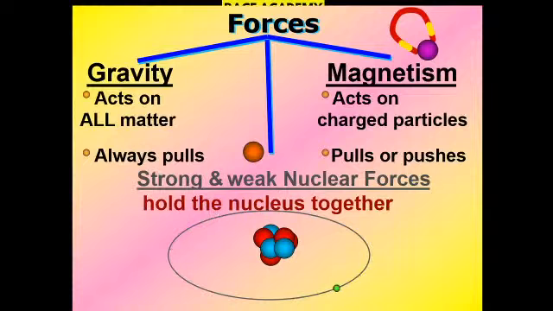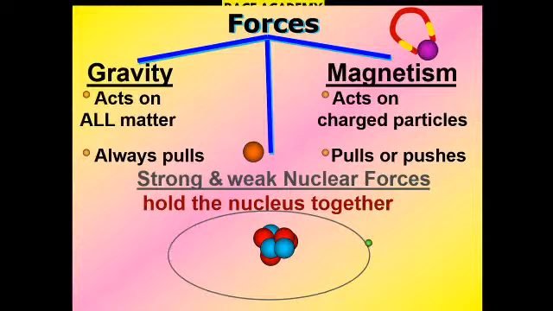Gravity always pulls. Magnetism pulls or pushes. Strong or weak nuclear forces hold the nucleus together. That means forces are of two types: gravity and magnetism. Gravity acts on all matter and always pulls. Magnetism acts on charged particles, pulls or pushes.